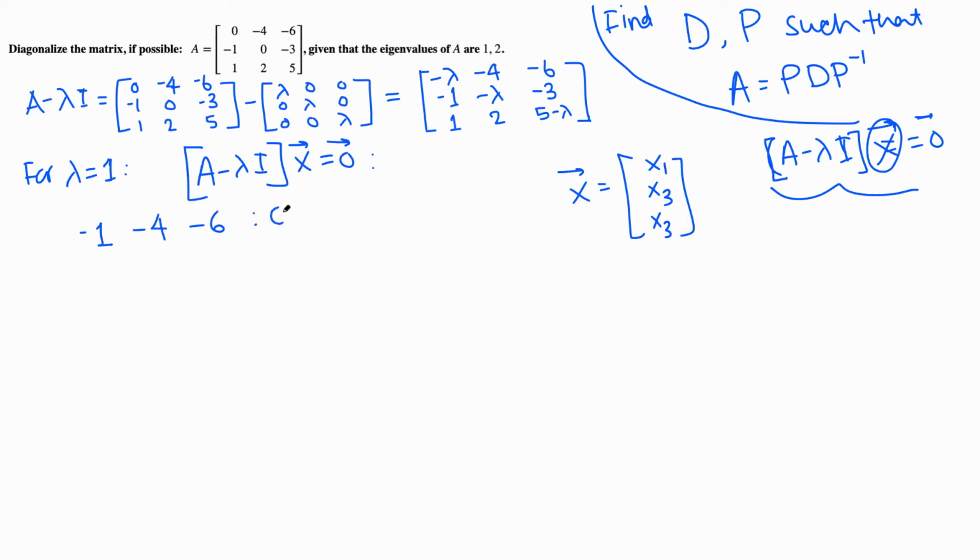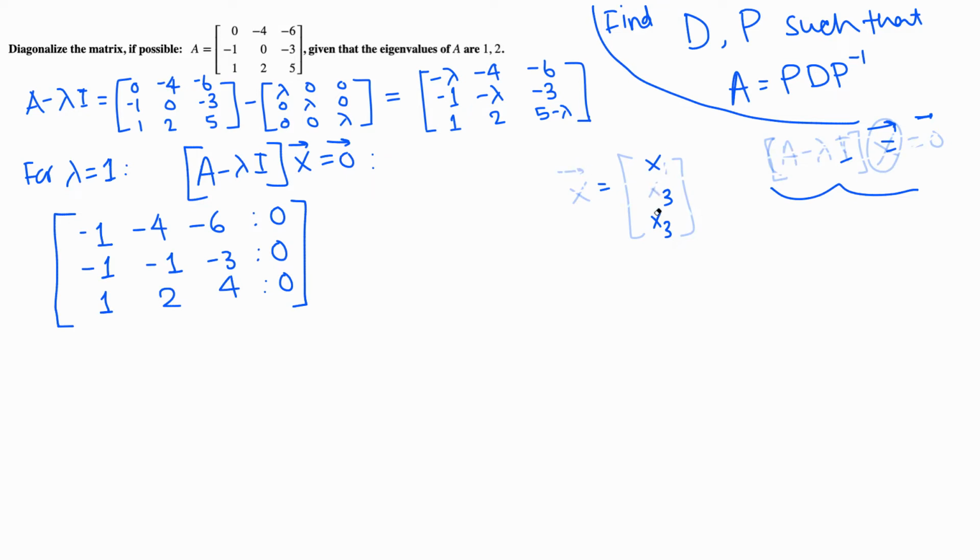So here -1, negative lambda is 1, -3, and here is 1, 2, 5 minus 1, 4, 0. Okay, so we need to solve this now.